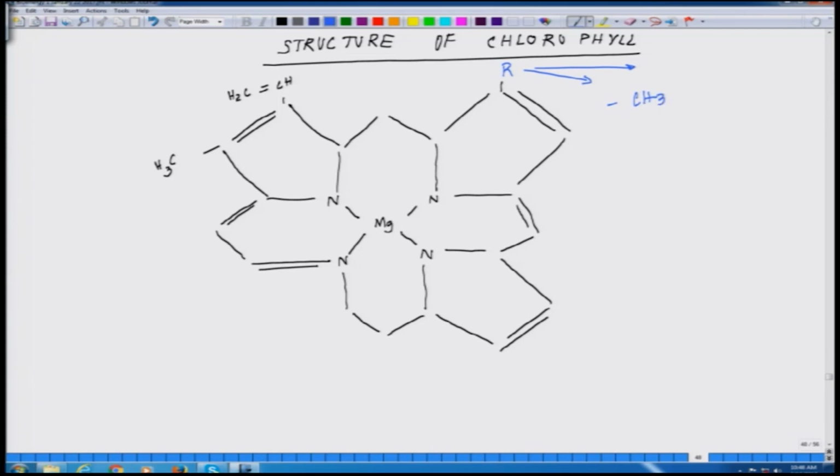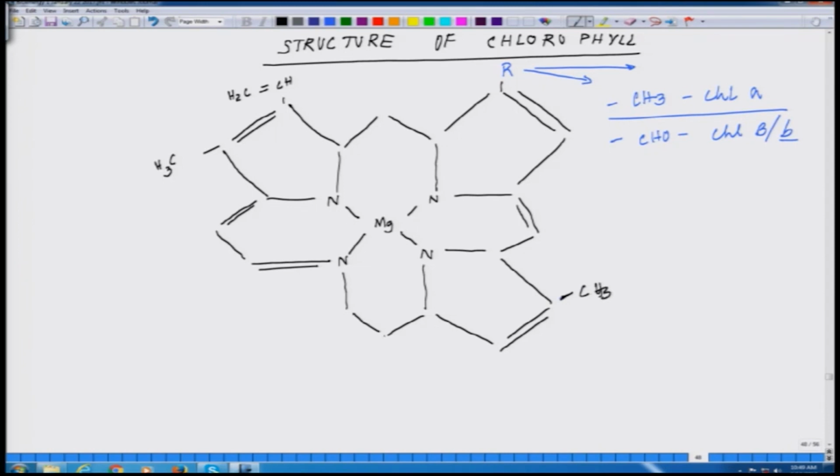If it is CH3, then it is chlorophyll a, and if it is CHO, then it is chlorophyll b. So there are two kinds of chlorophyll. Generally it is represented by a small letter, so just correct that: chlorophyll b.